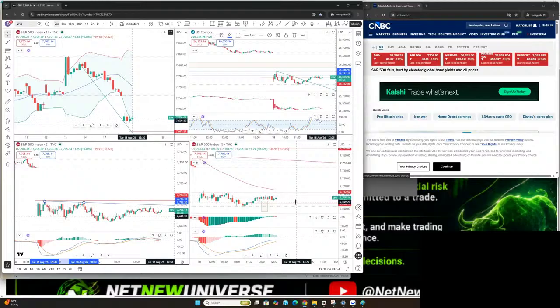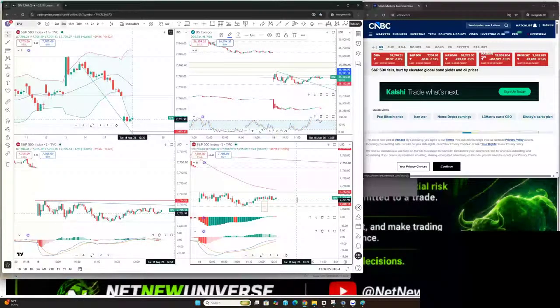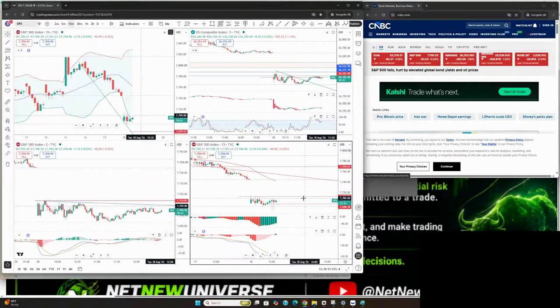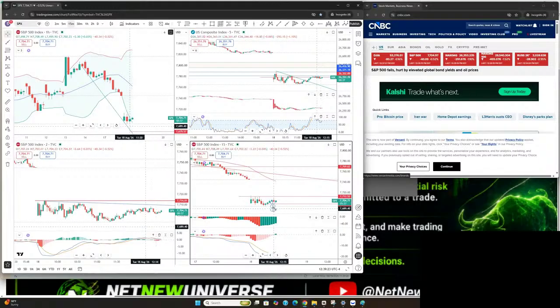Right? So if this one does not work, then just move to 15 minutes and see how that one is working. For 15 minutes trying to climb, since there is a weakness, it might actually go all the way to 7710. Right? But if it fails here, there's a better chance that it will go down further. So we have to wait for this one or 5 minutes to give some indication.